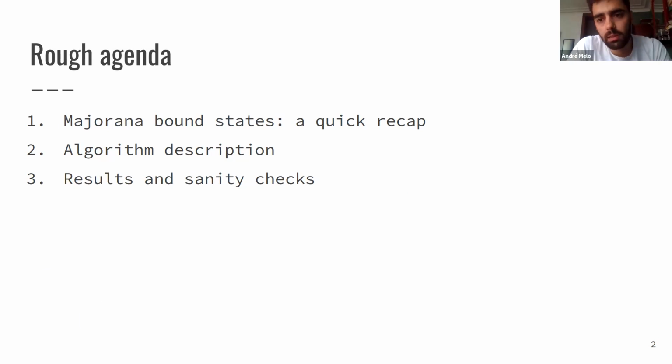I realize that some of you in the audience are already familiar with this, so I promise not to take too much time, but I want to emphasize a few concepts that are important for the rest of the presentation. After that, I'll go into how the algorithm we've developed actually works, and I'll show you some results and sanity checks that show that the algorithm is working as expected.